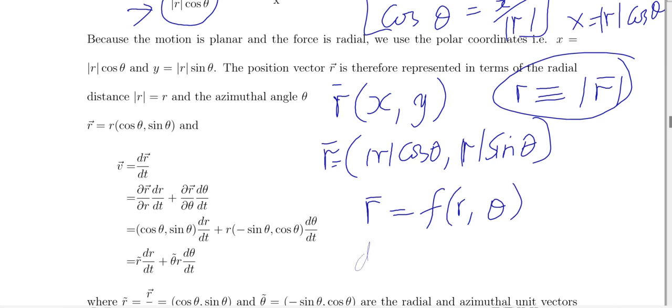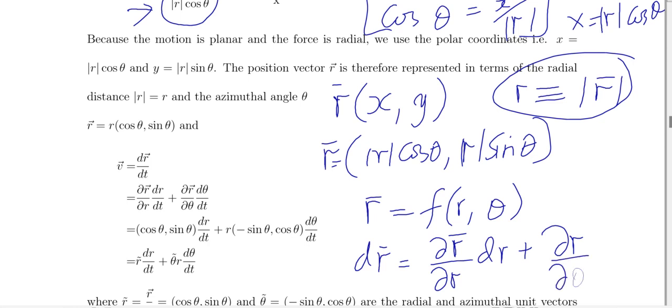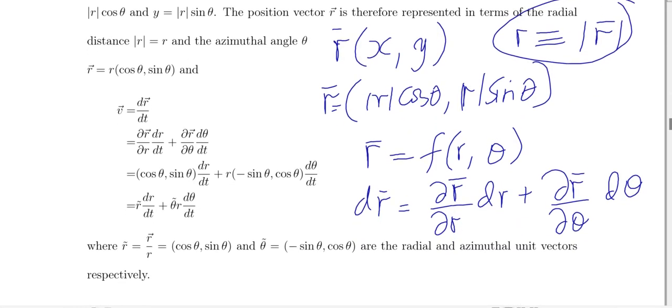So to find the total derivative dr, we write the partial derivative of r with respect to r, dr, plus the partial derivative of r with respect to theta times d theta. If we want the time derivative, we divide each term by dt.